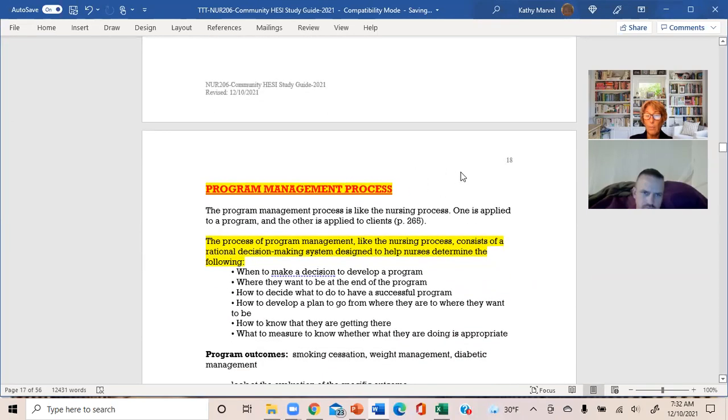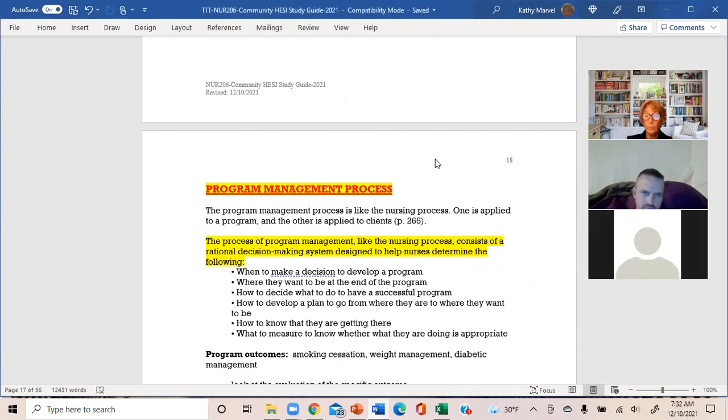Next section is program management. How do we develop programs in the community for our populations? What's the very first thing we have to have an understanding of before we do any program management? Who we are teaching, so an understanding of the population, whether they're old or children. And of course we're going to model it like making a care plan.